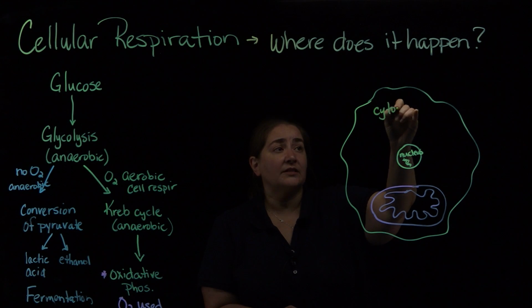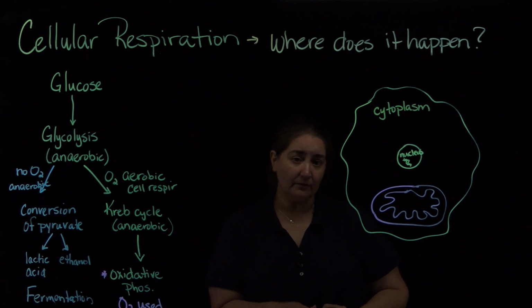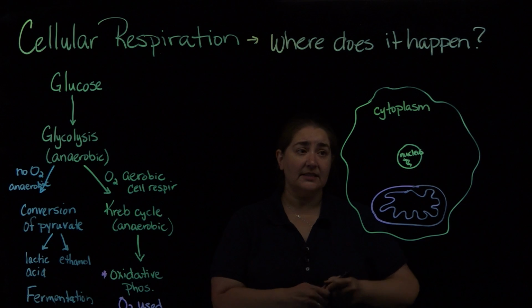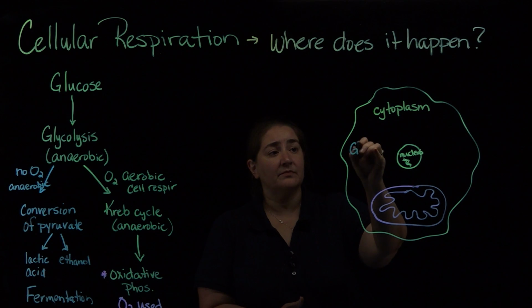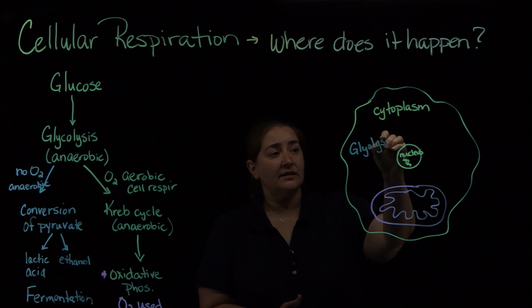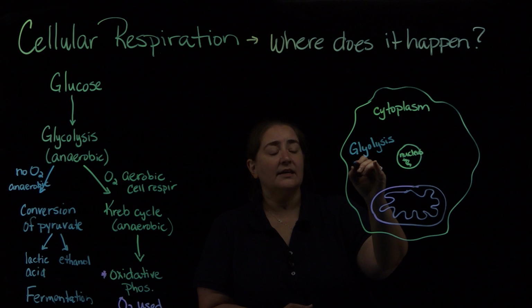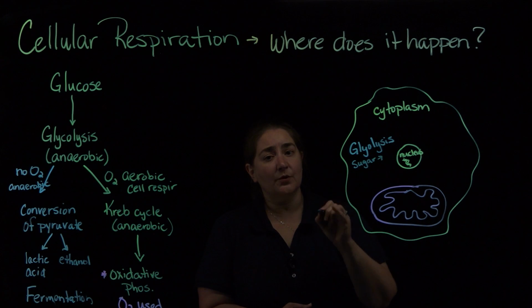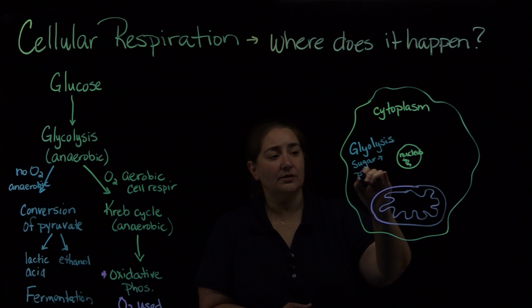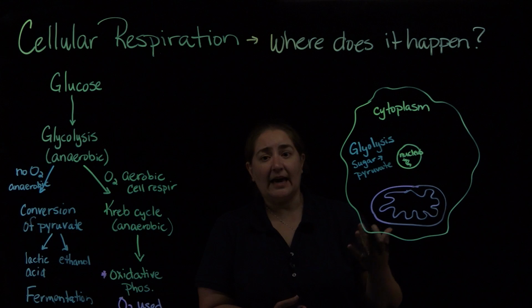So we've got the cytoplasm here, and out in the cytoplasm, this is where glycolysis is going to happen. In this case, our sugar is going to be broken down into pyruvate or pyruvic acid.